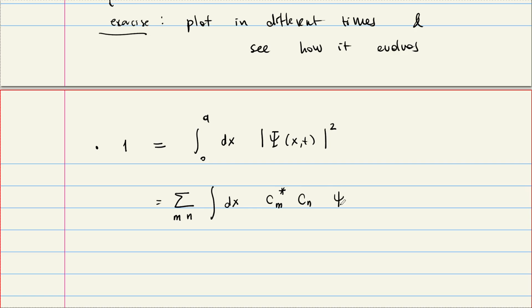There will be psi m star of x, psi n of x, and there will be e to the i over h bar, E m minus E n, times t. So I didn't do anything, I just substituted. And I combined exponentials and I combined sums and integrals. Any questions here?